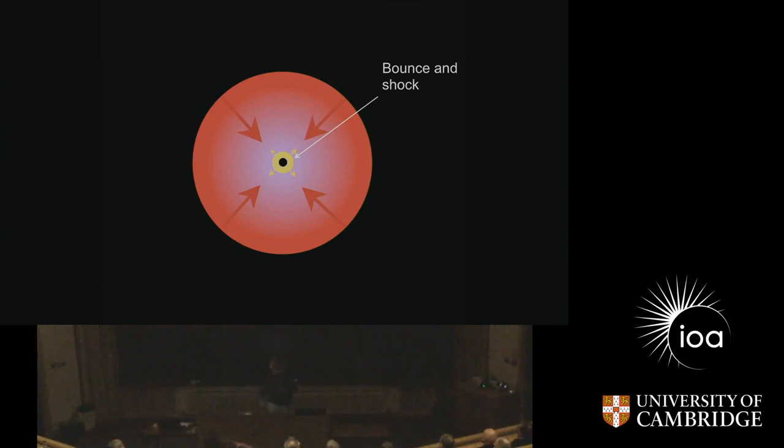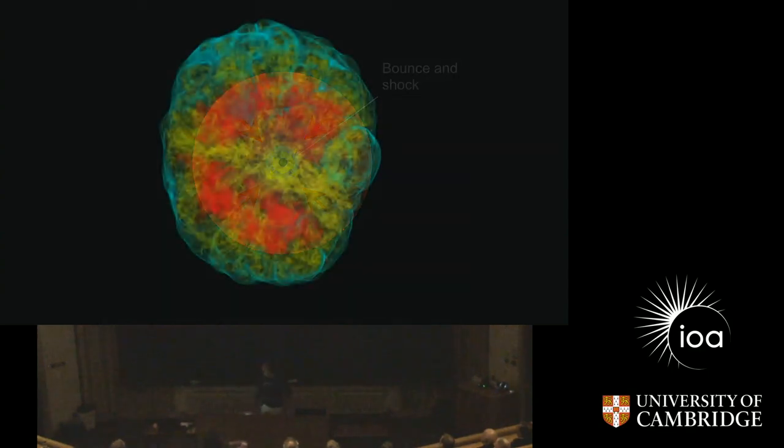neutron star, and creates a shock that propagates out through the star. This looks all very symmetrical and similar, but this is a computer simulation of this very shock, about 2/10ths of a second after the explosion has been initiated.